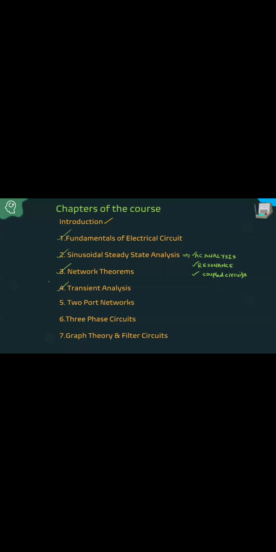The fourth chapter is transient. Students, I divided this into different chapters according to the given GATE and ESE syllabus. And in this, DC transient analysis, then I have to discuss AC transient analysis.